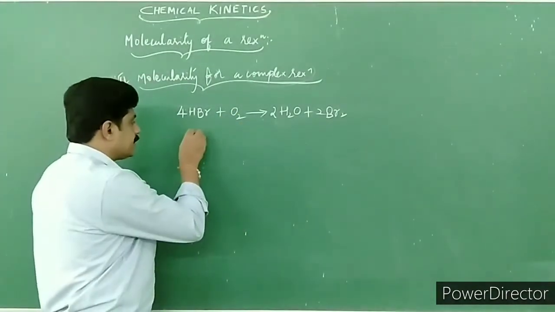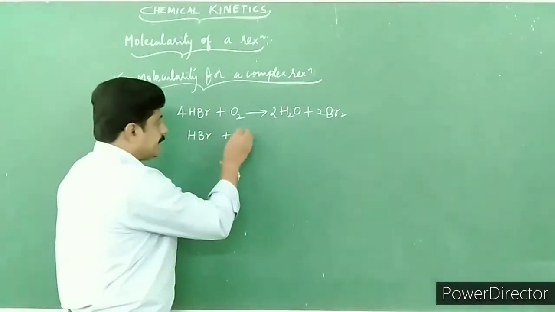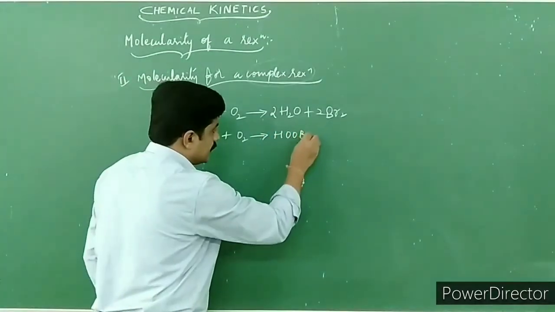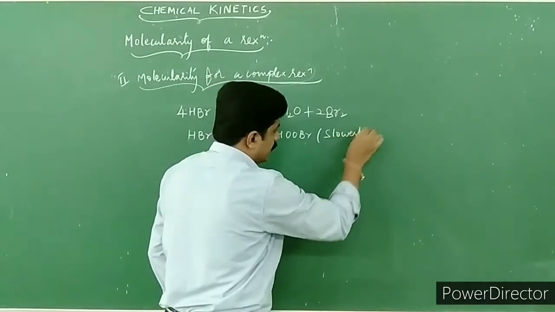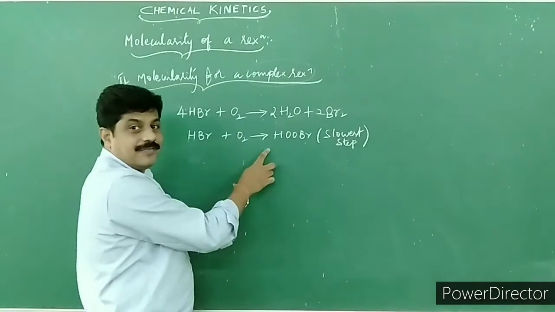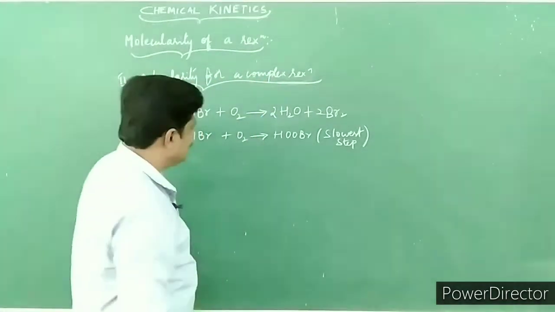Let me write all the steps. HBr, hydrogen bromide, combines with oxygen to form HOOBr. Children, this is the slowest step which determines the rate, and this step is very important for me to find the molecularity for a complex reaction.